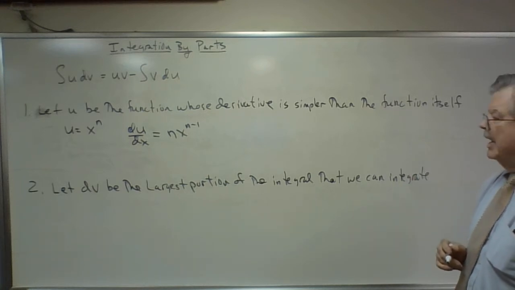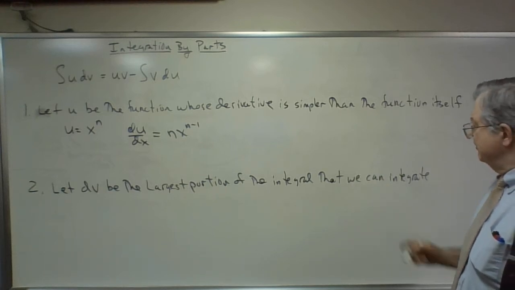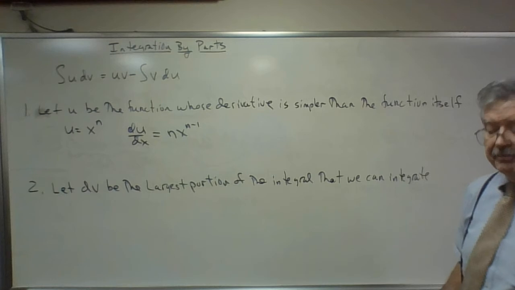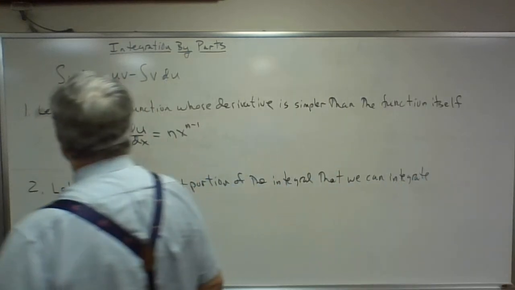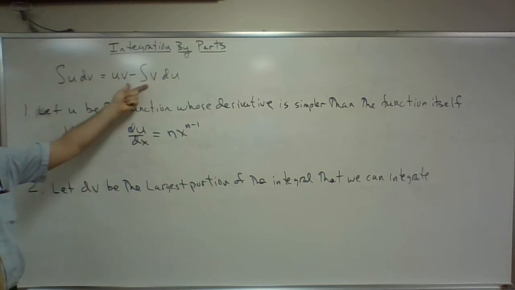Now let's see, why would we want dv to be the largest portion of the integral that we can integrate? Because to use this formula, we're going to take part of this integral and plug it into this formula.